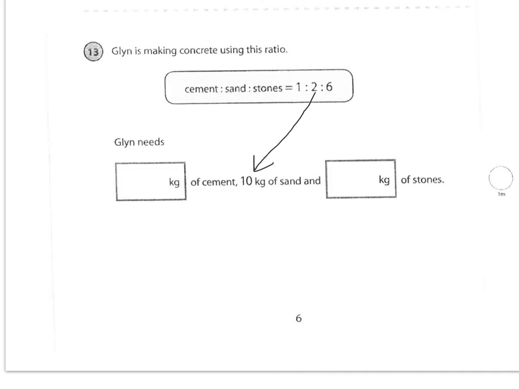Now, ratio is all about multiplying and dividing to make equivalent answers. So how many times 2 makes 10? Well, that's 5 times 2. So our answer needs to be basically 5 times bigger than the initial ratio. So if we take the 6 at the end and times that by 5, that would give us 30 kilograms of stones, and if we take the 1 at the front and times that by 5, that would give us 5 kilograms of cement.